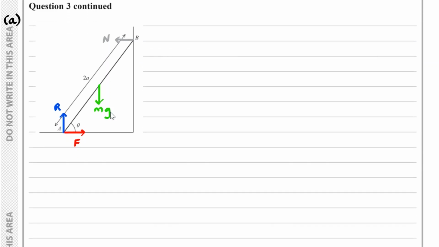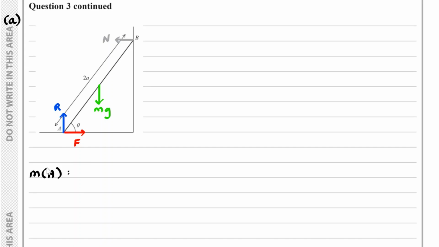Let's now take moments about the point A. The reason we want to take moments about the point A is because we've got the most forces here, and so taking moments about A will eliminate those forces.